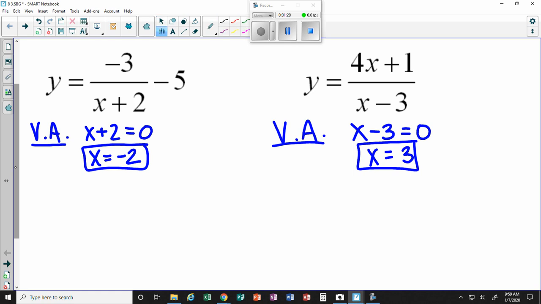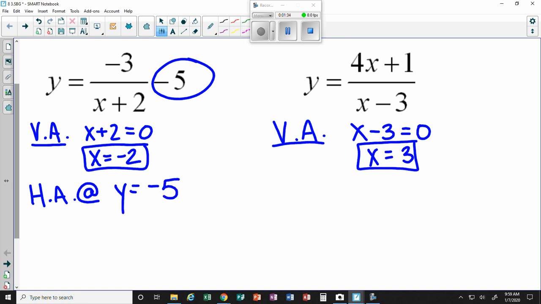If you just have an x on the bottom, you look out here at what's being added or subtracted on the end. So in this case, the horizontal asymptote is at y equals what? Negative 5, that's k. Here there is no k because it's not in that form. y equals negative 5 is the horizontal asymptote.